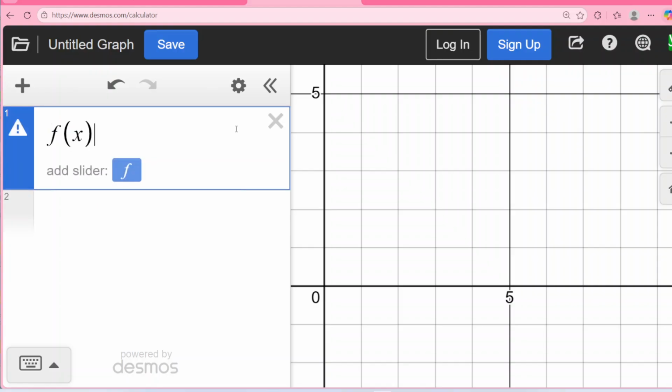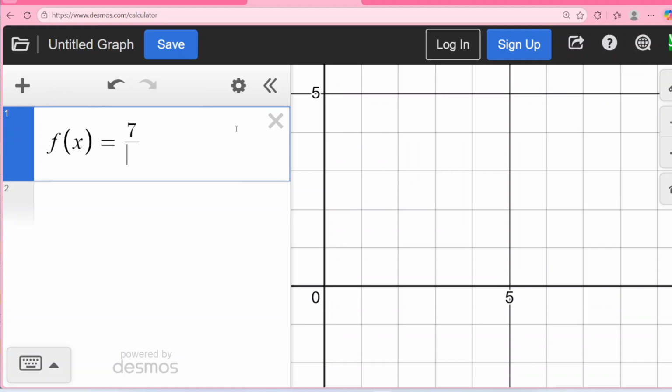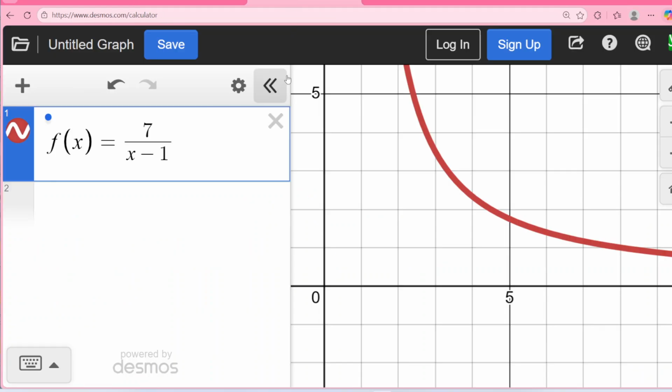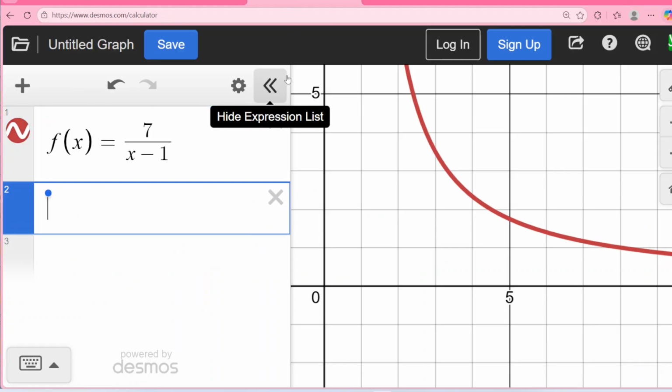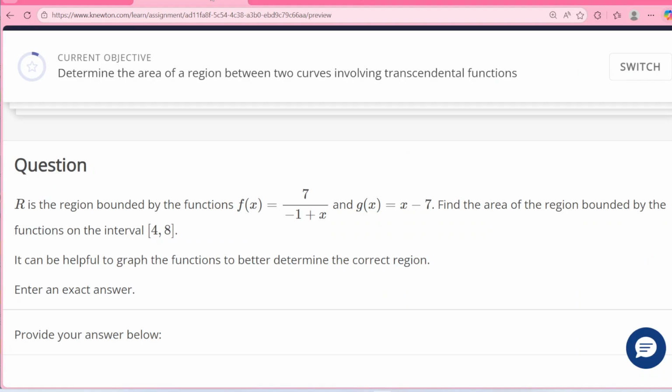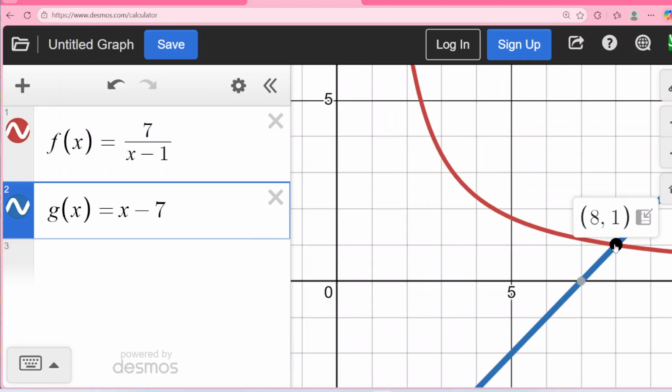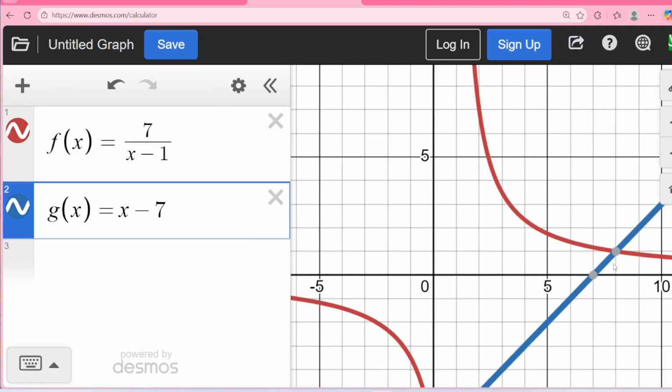You got f of x equals 7 divided by x minus 1. It was negative 1 plus x, which is the same thing as x minus 1. So there's f, and then g of x was just a straight line, x minus 7. And from -4 to 8, now look, they meet at 8.